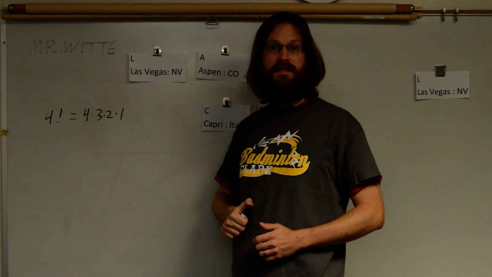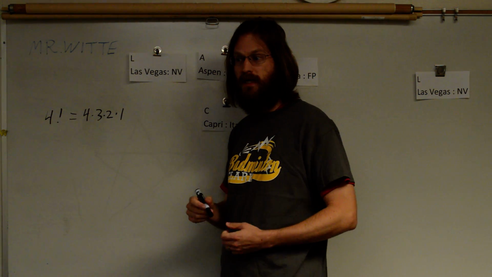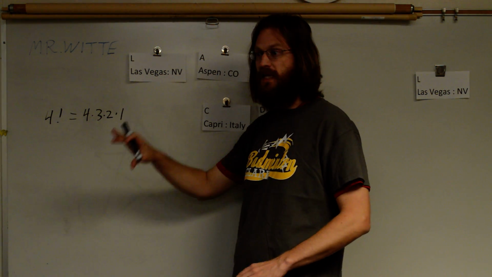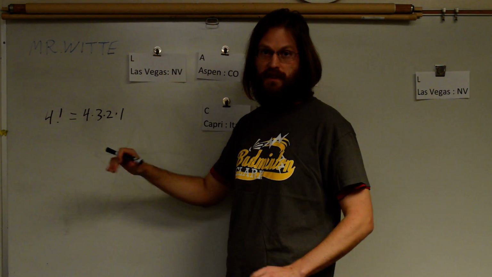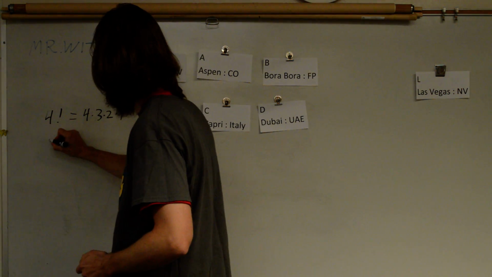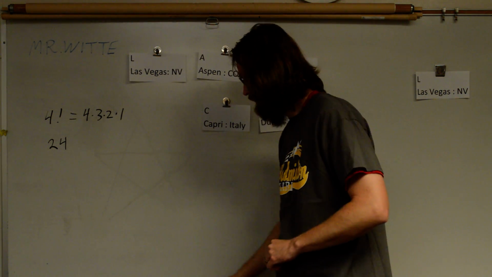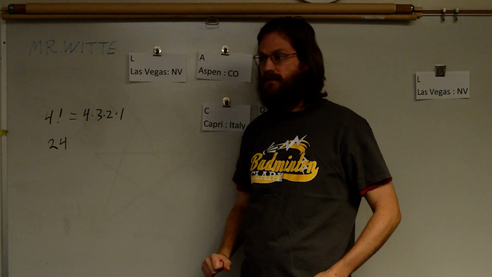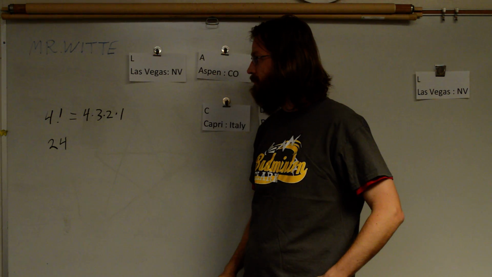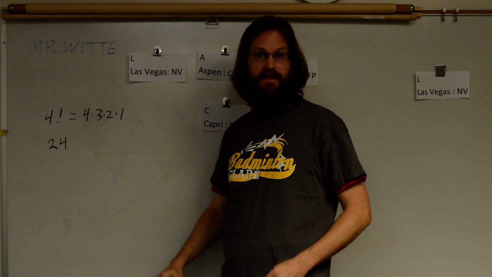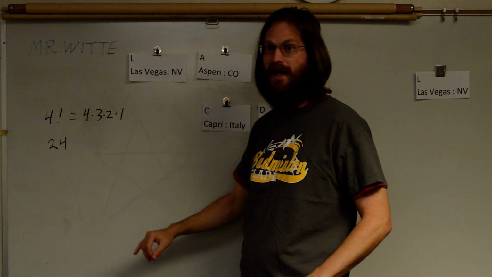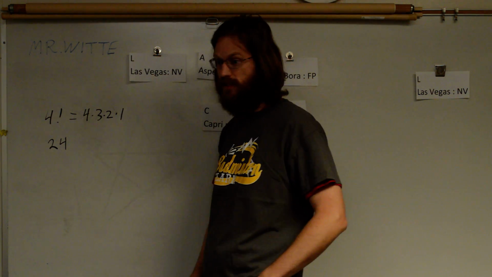If you multiply this out, you're going to get 24, and that tells us the 24 different permutations we have to look at. All right, so give me a minute to get situated, and I will show you how to calculate those 24 permutations.